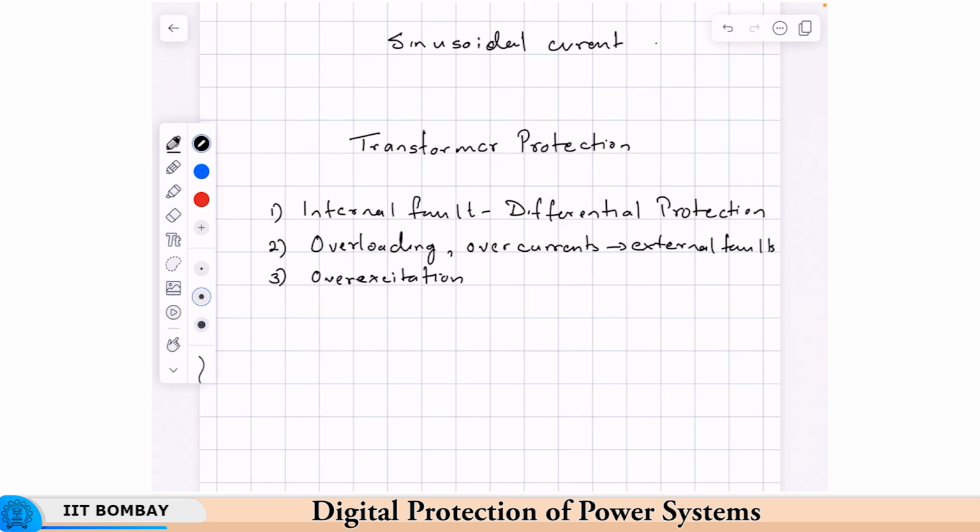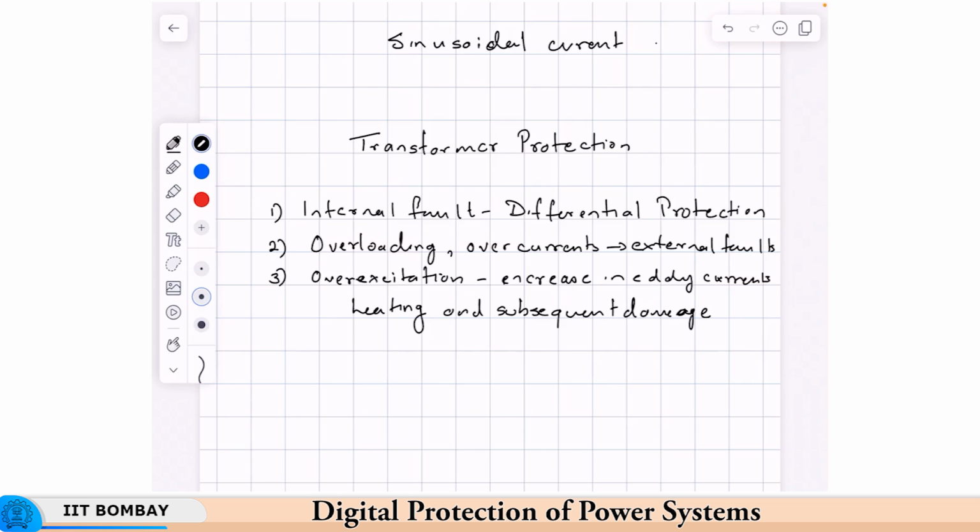So, if the flux increases in the transformer, then there is a chance that the core might saturate, which also leads to an increase in eddy currents, with the result that there could be heating and subsequent damage to the transformer.